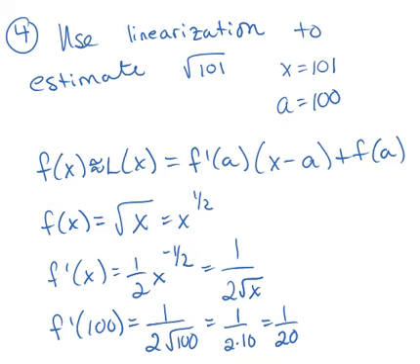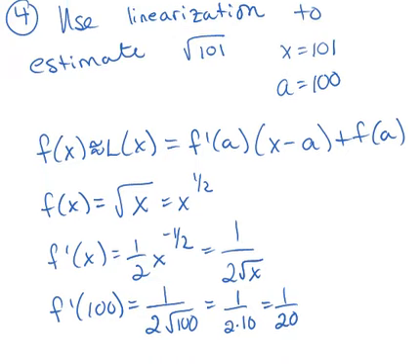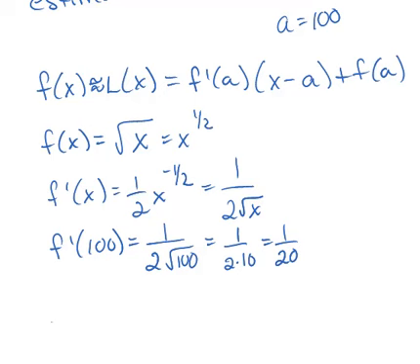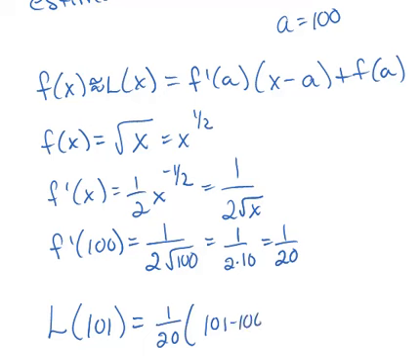We know our x is 101. Our a is 100. And then our f at a is going to be just the function value at 100, which, since the function is square root of x, is just going to be 10. So our linearization at 101 is going to be equal to f prime at a, which is 1/20th, times 101 minus 100, which is just 1, plus f at a, which was the square root of 100, which is just 10.